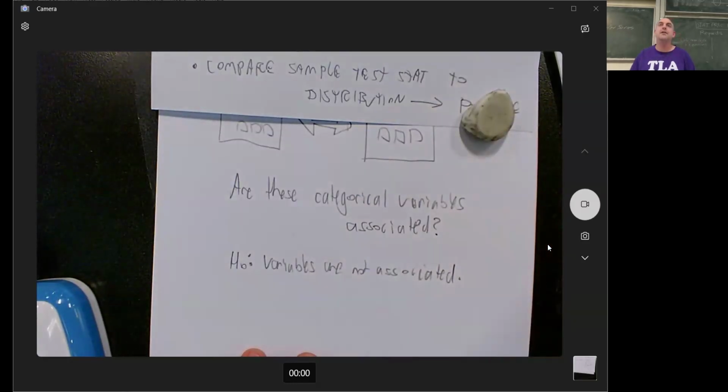Variables are not associated. And the reason that's the null hypothesis is that the null hypothesis is always the thing that has only one way to be. There is only one way to not be associated, and that's just everything's random. But there are many, many ways to be associated. And since that's the one with only one way, that's the null hypothesis.